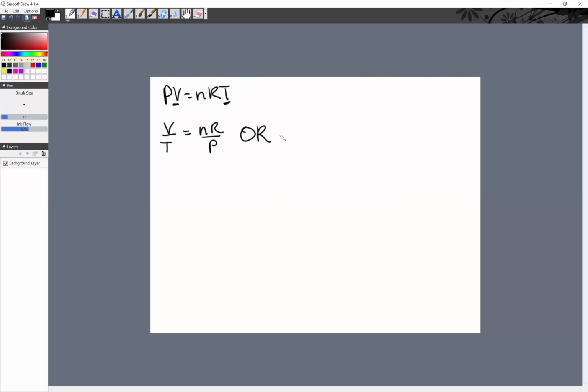There's nothing wrong with doing this: T over V is equal to P over nR. It does not matter which way I go. This is held constant.